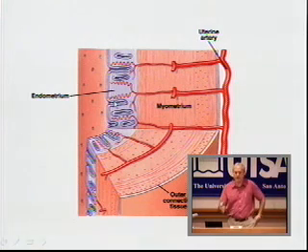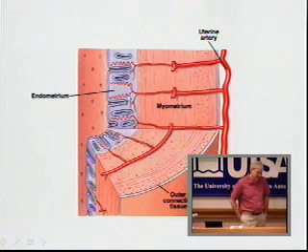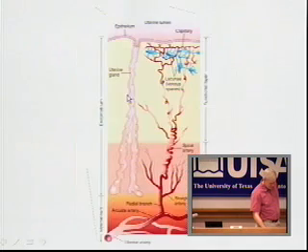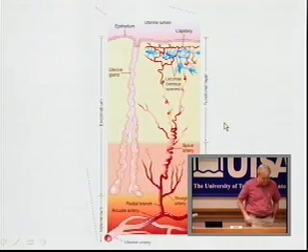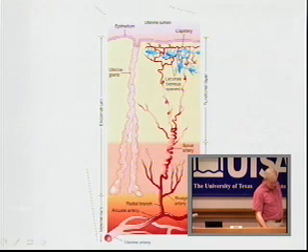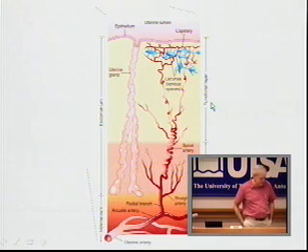They will slough off. It actually causes a vascular event that we'll describe in the next lecture. Causes the shedding of the menstrual, the functional layer of the endometrium during menstruation.